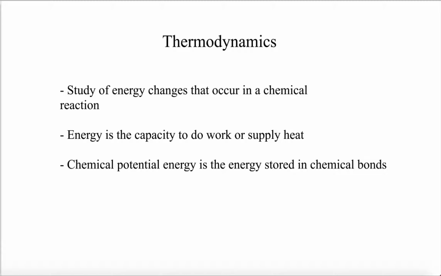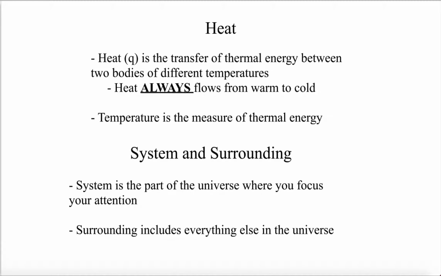All right, so getting into talking about heat. Heat, which we're going to now note with the letter Q, is the transfer of thermal energy between two bodies of different temperatures. What this means is that heat is nothing but an energy that goes between two things that have different temperatures. What you should know is that heat always goes from warm to cold.